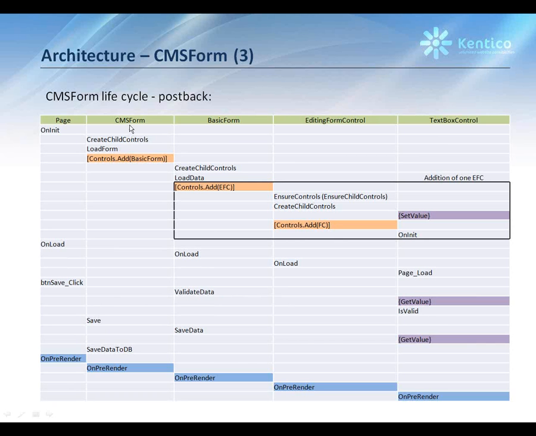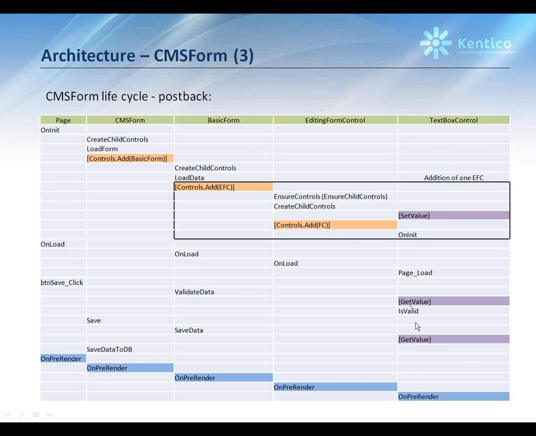Then the save method of the form control calls save data of a BasicForm, and once BasicForm returns the data row, we call save data to database, or DB, method that handles storage of the data, and the rest of the onPreRender events are called.